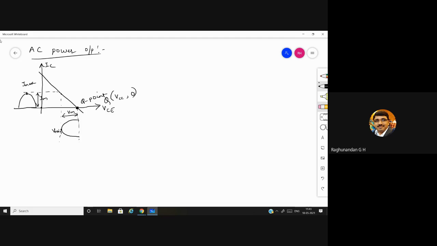So from this, what do you understand? The transistor is off. Each transistor is going to work only for the half cycle, and it is in the cutoff region.